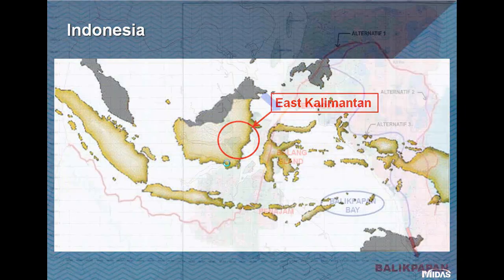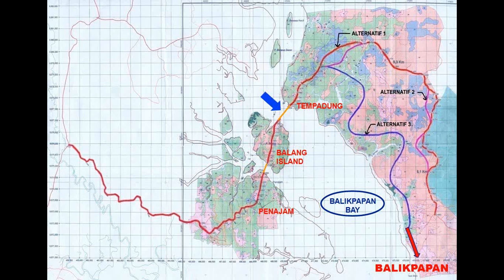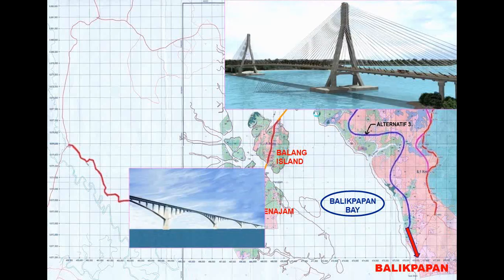In this province, a long-span cable-stayed bridge is under construction in the area of Balikpapan Bay, crossing Balang Island near the city of Balikpapan, one of the biggest cities in Kalimantan Island.